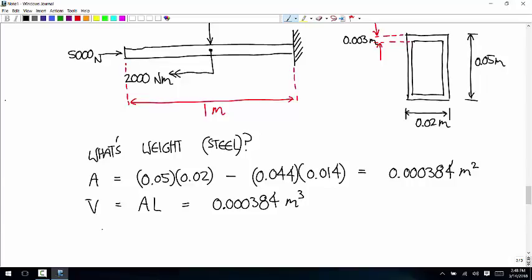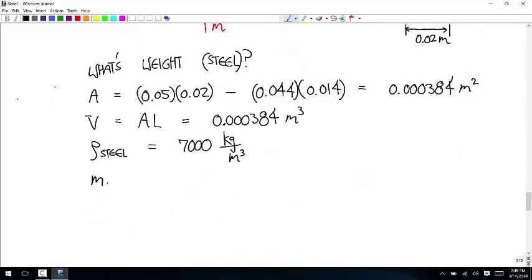Okay, so that's the volume, now the density of steel. This is different than, oh, that was in dynamics, the thing where everyone put density as a vector. Density is not a vector, and the density for steel is 7,000 kilograms per cubic meter. So the mass is 7,000 times that volume.